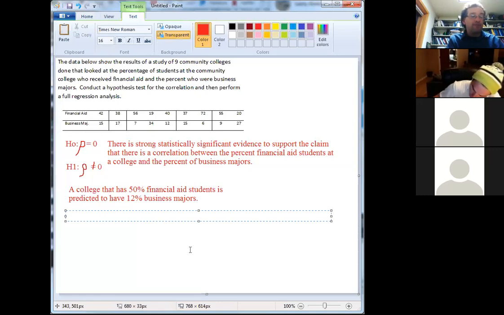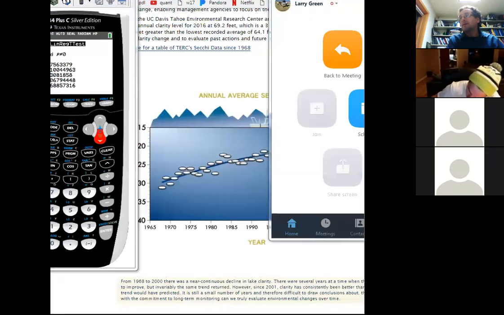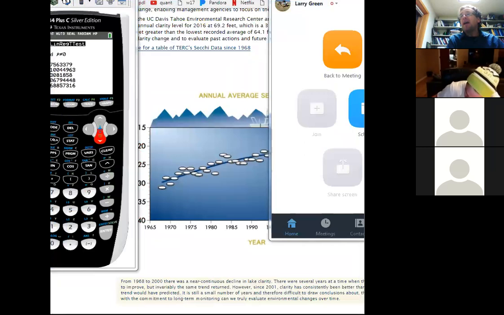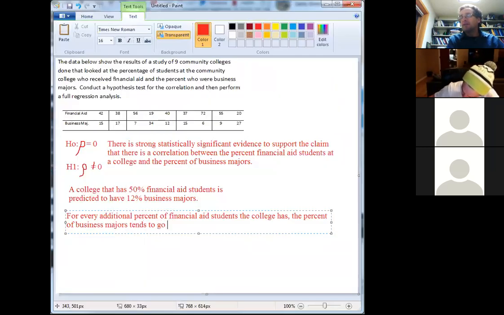So what that says is that for every additional percent of financial aid students the college has, the percentage of business majors tends to go down by 0.5%.